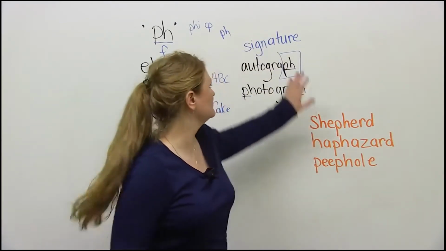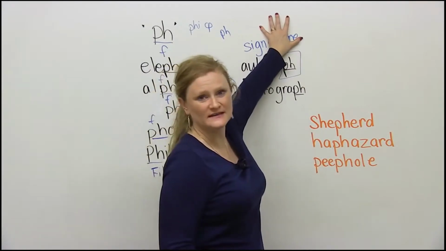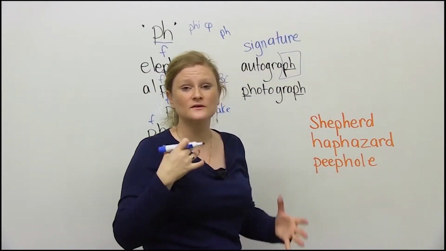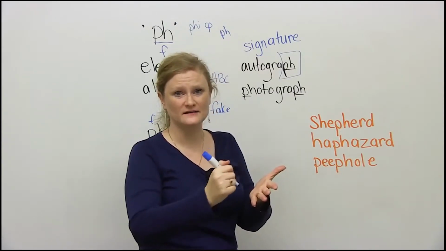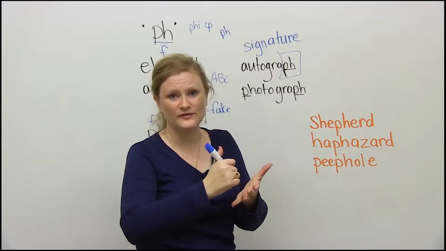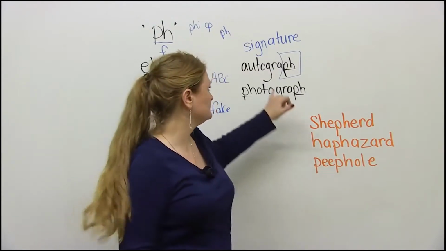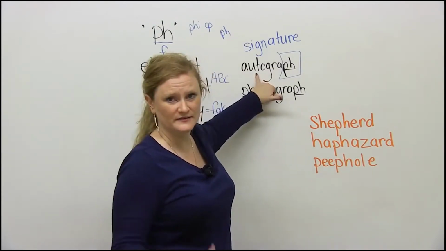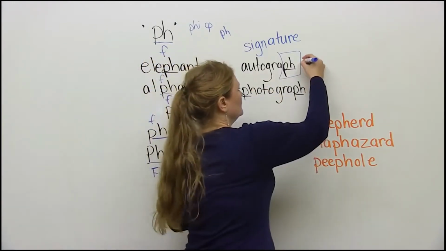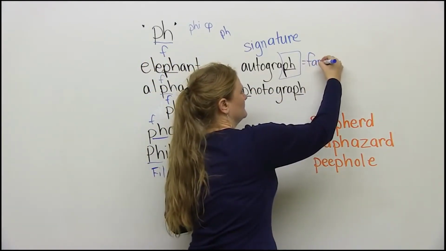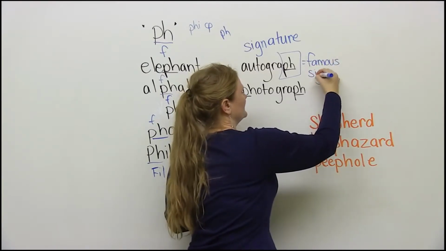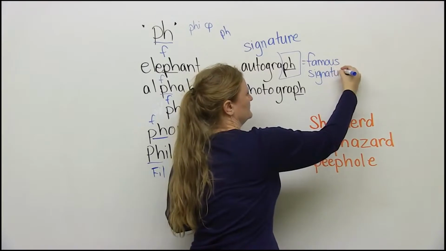So, signature has the word sign in it. A signature is what you and I do when we have to sign something at the bank, or if you have to sign something for a document. An autograph is a signature, but it's different because we use this as a famous person's signature.